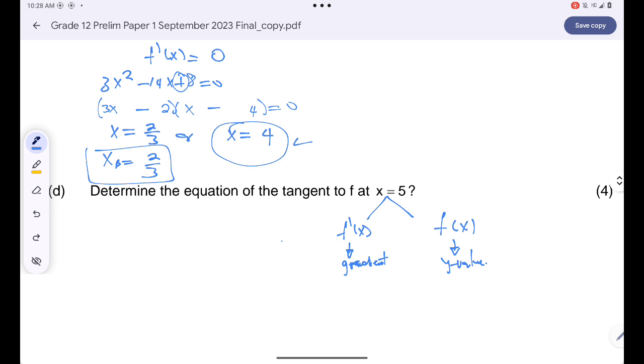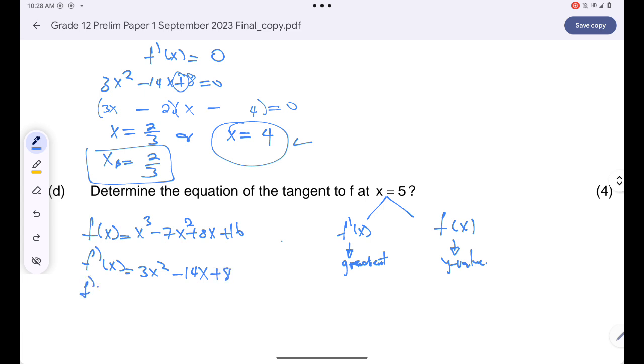Remember, the derivative of a curve is always equal to the gradient of a tangent at a specific point, or we can say at a specific x value. So if f of x is equal to x cubed minus 7x squared plus 8x plus 16, the derivative will simply be equal to 3x squared minus 14x plus 8.